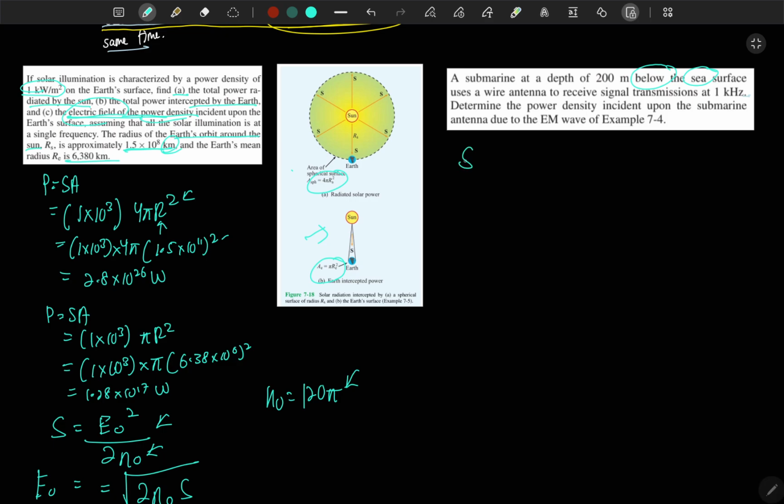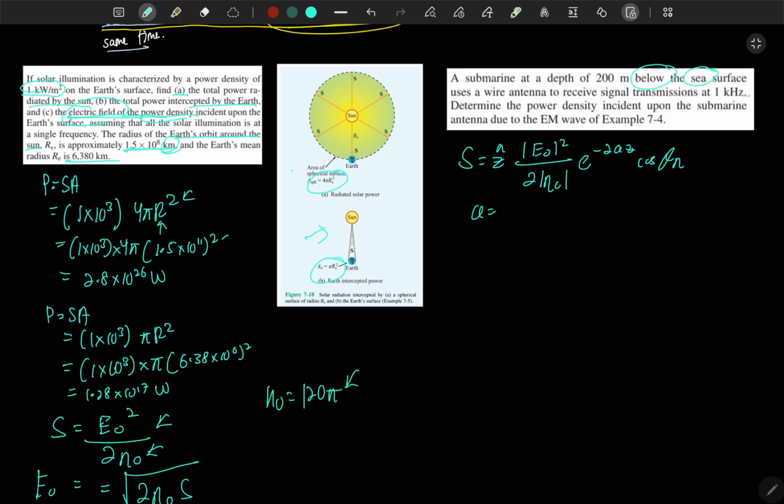Now for lossy media, the S in this formula, you notice here we will be using eta c, e to the negative 2 alpha z, cos. It has a direction.